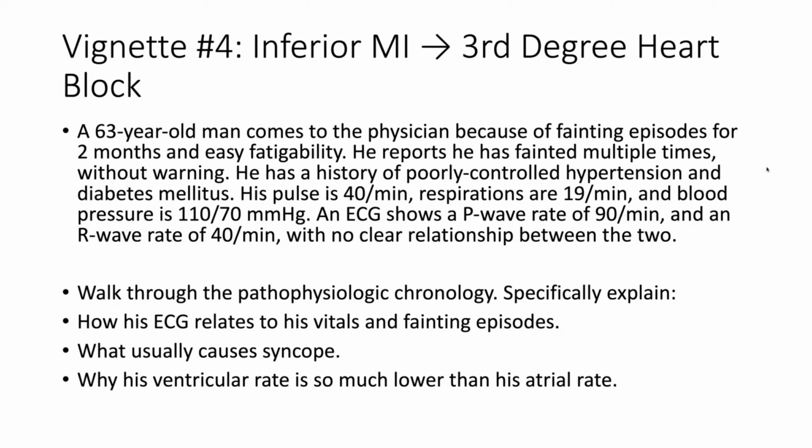That predisposed him to cardiovascular disease. He developed an atherosclerotic plaque that ruptured, which developed into a thrombus in the RCA, and that decreased the blood flow to his AV node, and then he developed third-degree heart block, which resulted in the heart relying on the intrinsic ventricular pace, which decreased heart rate, decreased his blood pressure, and then decreased his cerebral perfusion pressure.